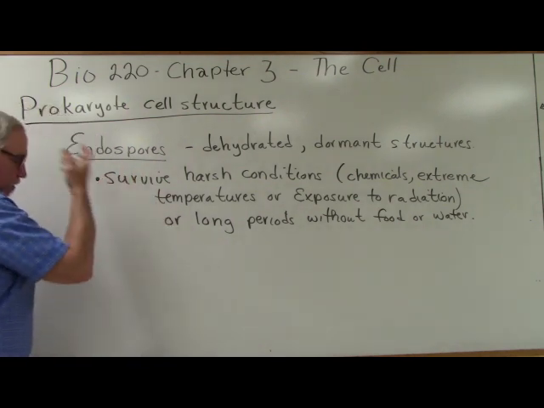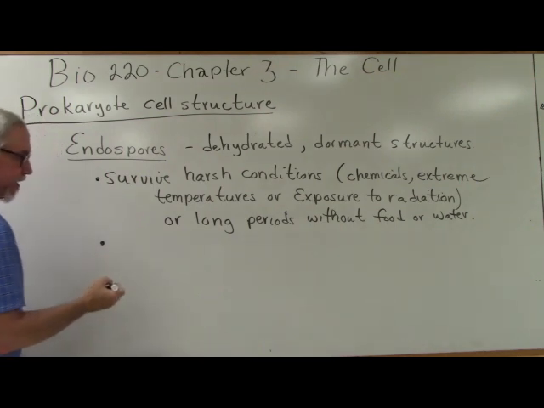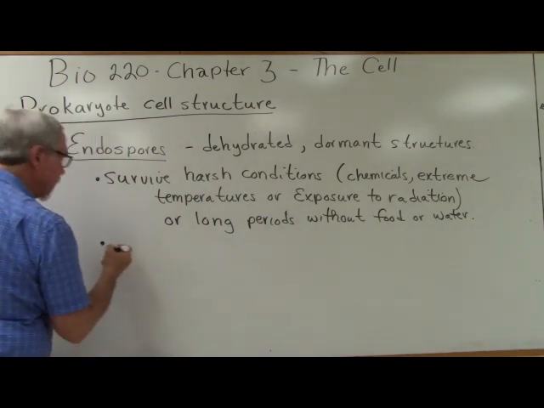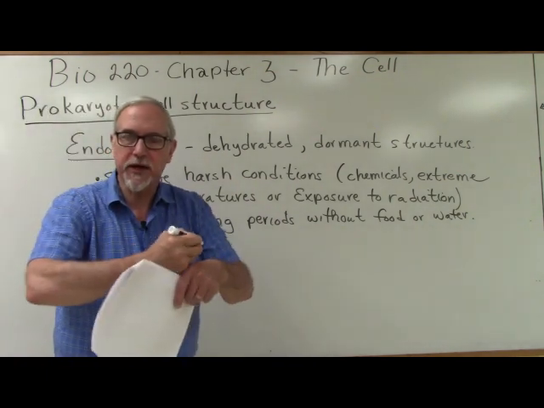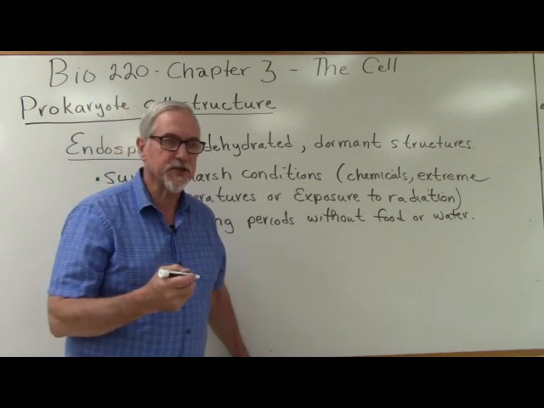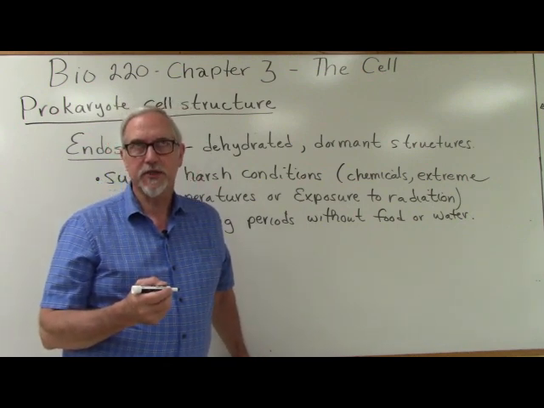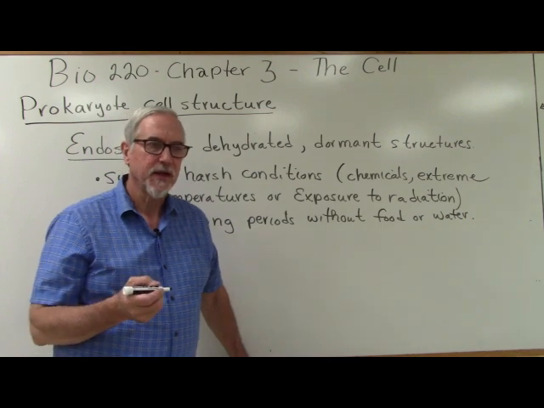Because they are so robust and difficult to kill, they require specialized techniques like pressure cookers or autoclaves, where you don't just have hot water, but you have hot water in a closed container. The problem with water is that once it gets to boiling, which is 212 degrees Fahrenheit or 100 degrees Celsius, that's it.